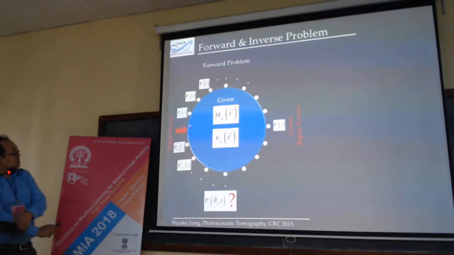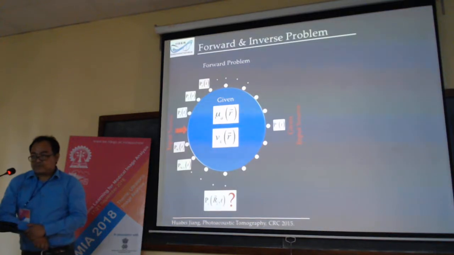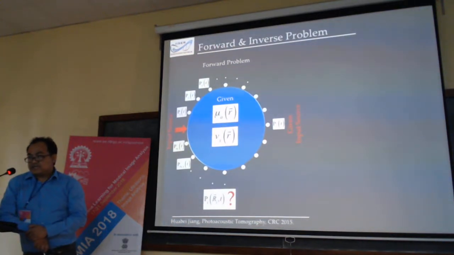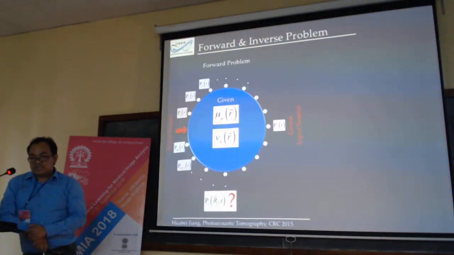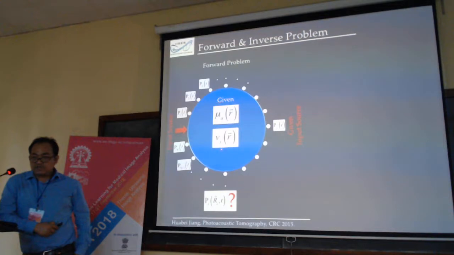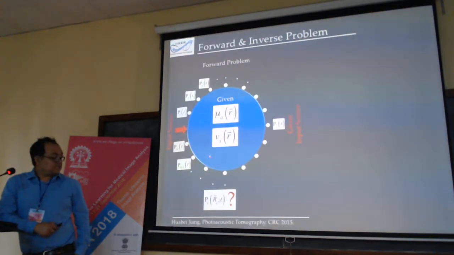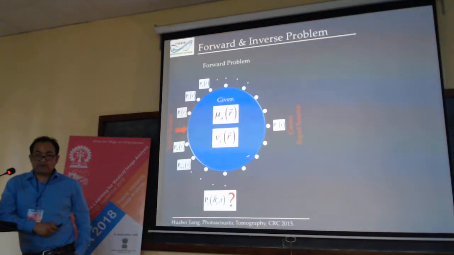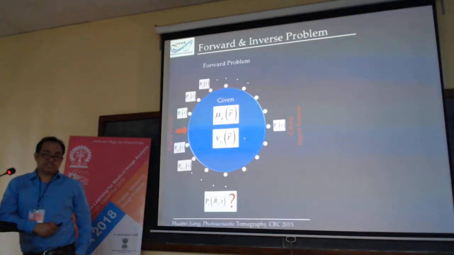By the forward problems, what it says is that we know the distributions of the physical parameters in the sample of our interest. In our photoacoustic case, suppose the distributions of the absorption coefficients or velocity of the sound, or whatever parameters, elastic property, temperatures, all these things.